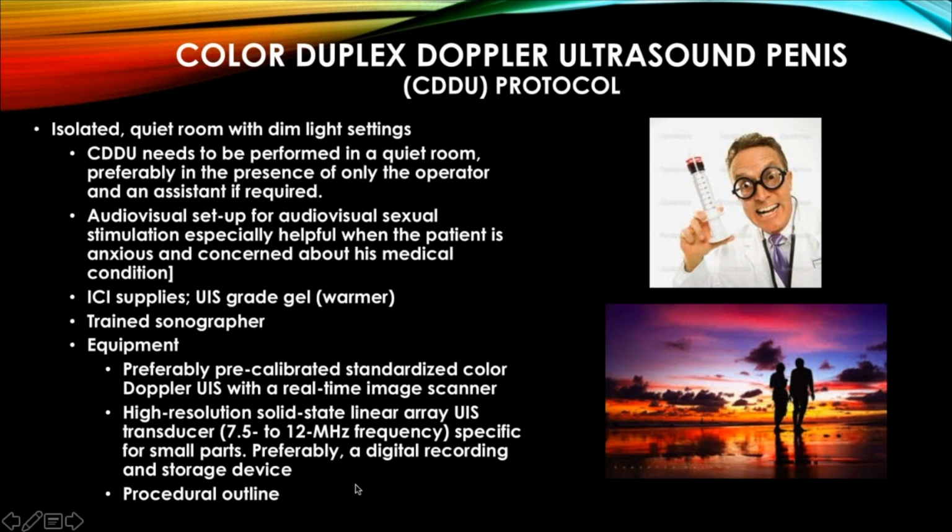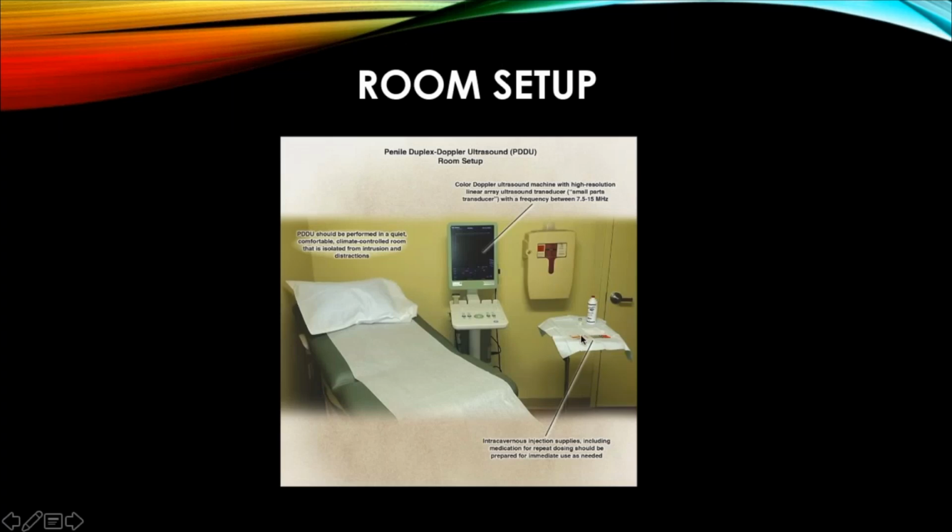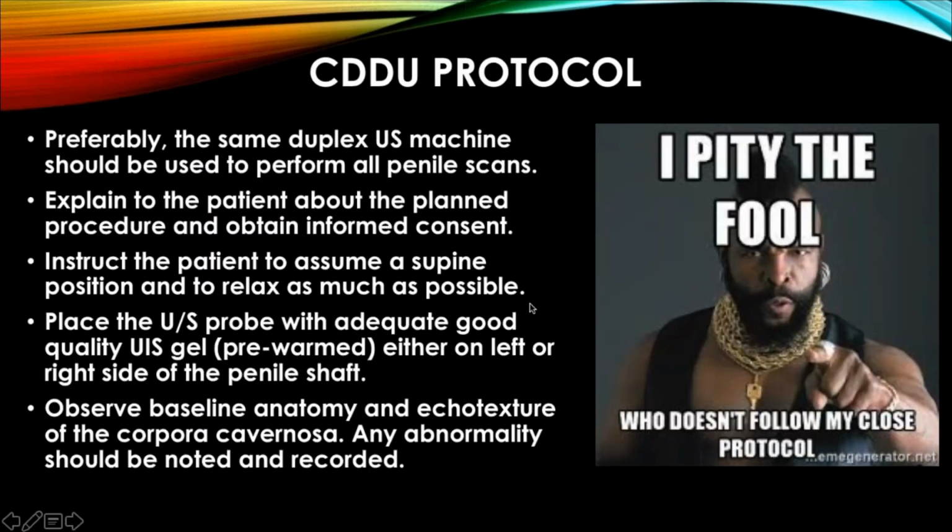Expect to have just a little tray with the injections, the warmed ultrasound, the machine itself, and any kind of table will do. Preferably the same ultrasound machine should be used to perform all of these scans, meaning you don't want to start with one machine and then go to another.